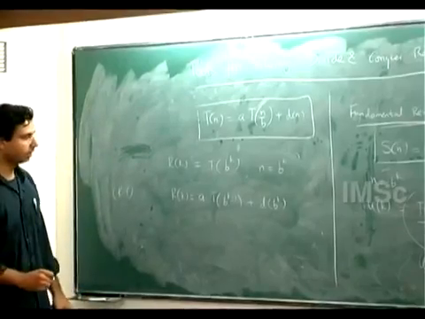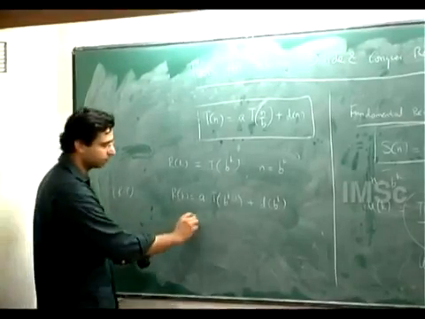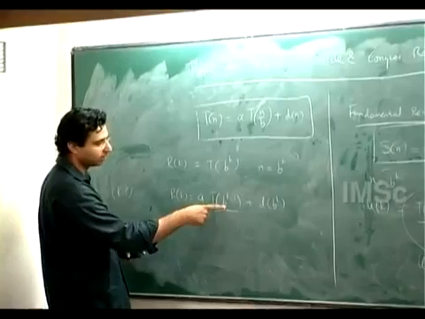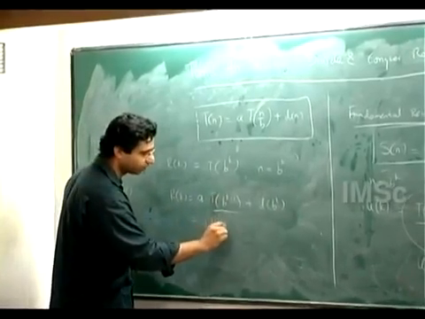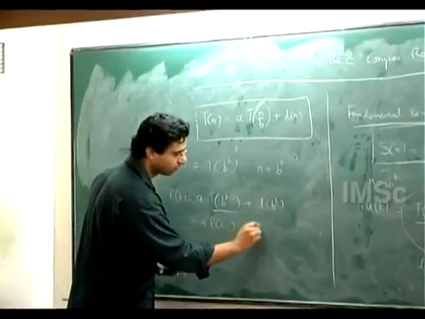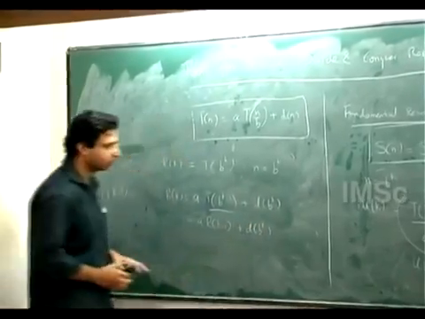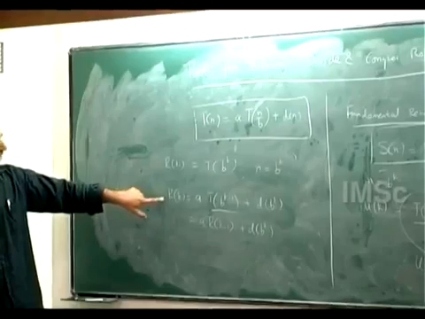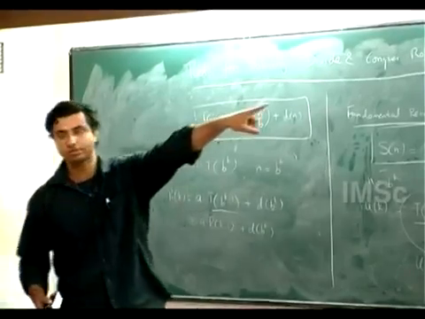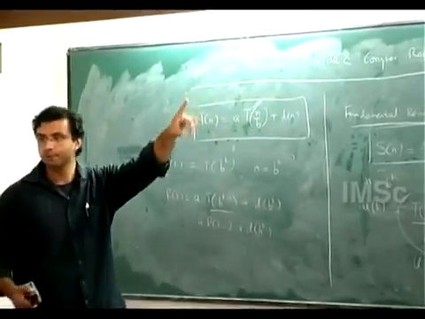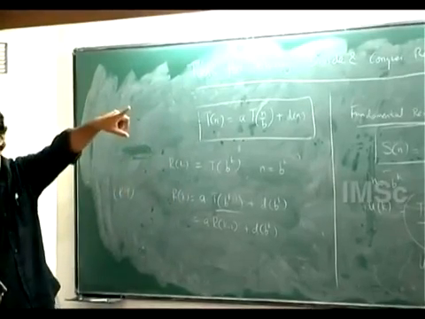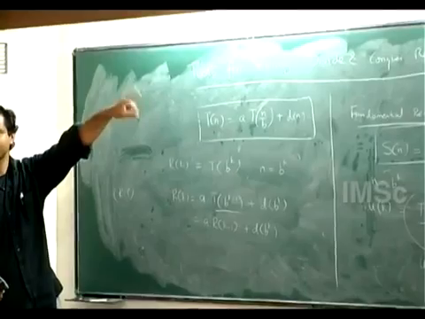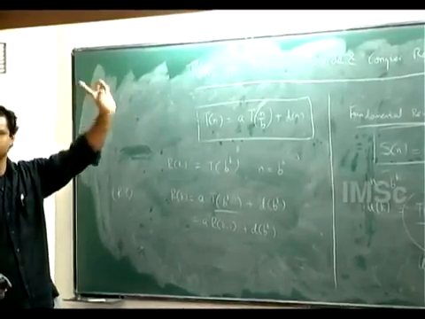Now this is by definition R of k equals A R of k minus 1 plus D of b raised to k. So what we have is a recurrence which is now of the type 1 form. Applying the domain transformation first gives me a recurrence of type 1 form, and now I can reduce a type 1 form to the fundamental form.